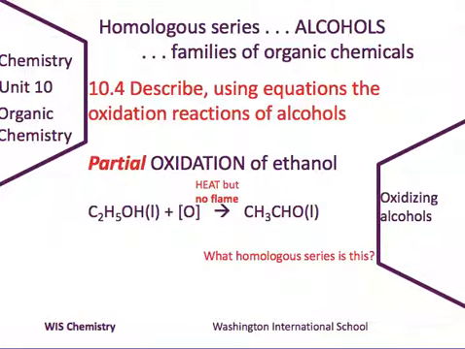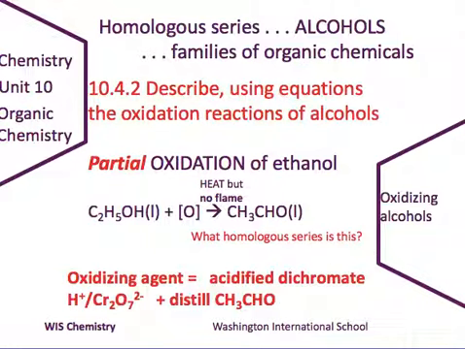You can have partial oxidation, and the square bracket O is showing you that you've got an oxidizing agent rather than diatomic oxygen molecules. It involves heat, but no direct flame, so it isn't combustion. And look at the product, CH3CHO.